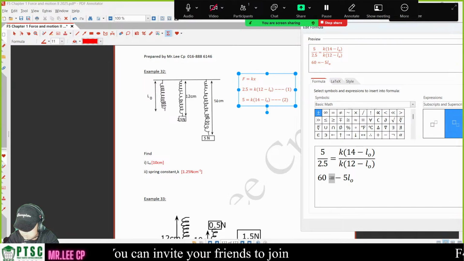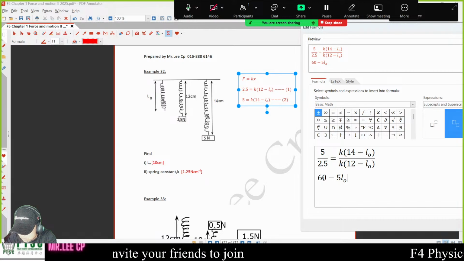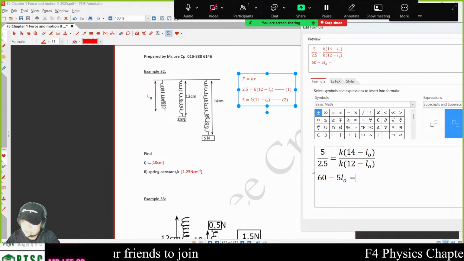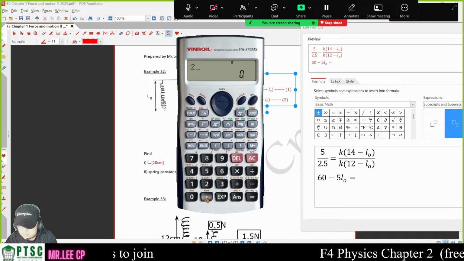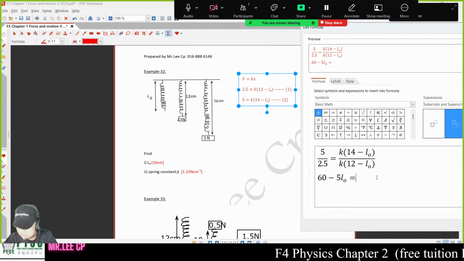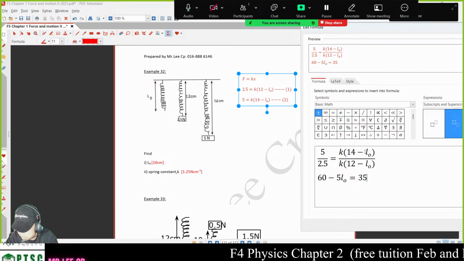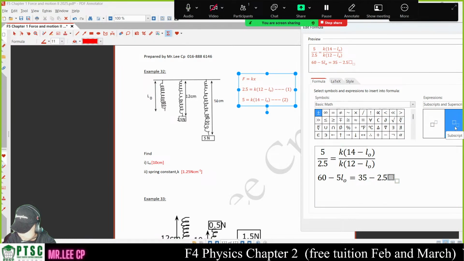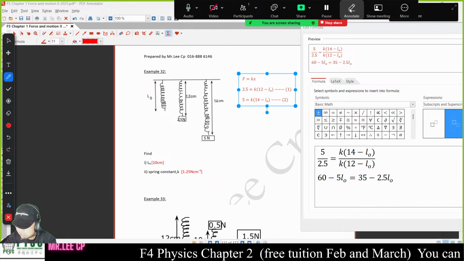This one cancel, cancel. 12 times 5, 60. Negative L naught times 5, negative 5 L naught. So this one, 2.5 times 14, is 35. 2.5 times L naught is 2.5 L naught, negative 2.5 L naught. So now L naught and L naught I move together.